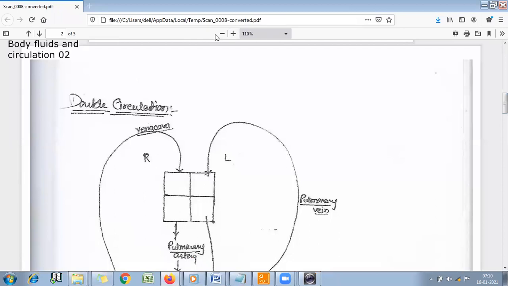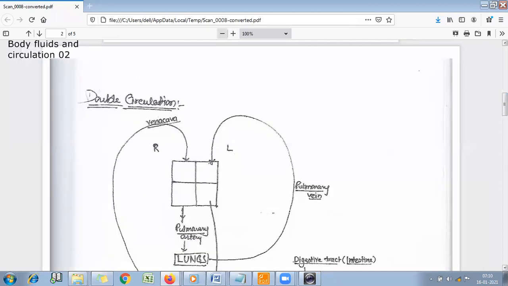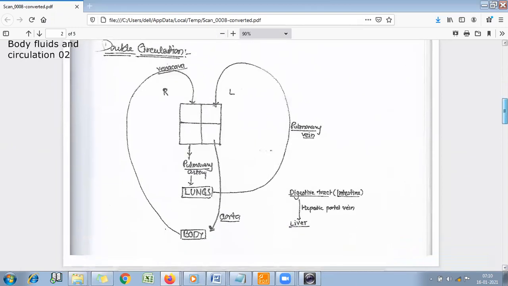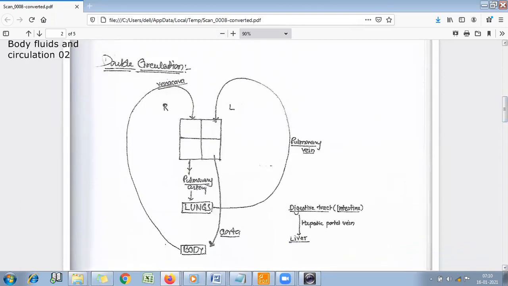Now we will talk about the double circulatory system, or how the blood is circulated in the body and lungs through the heart. In the case of humans, the blood is circulated through the heart two times.